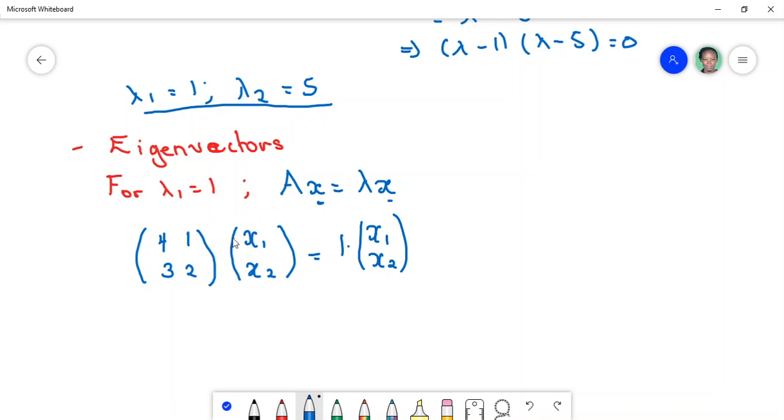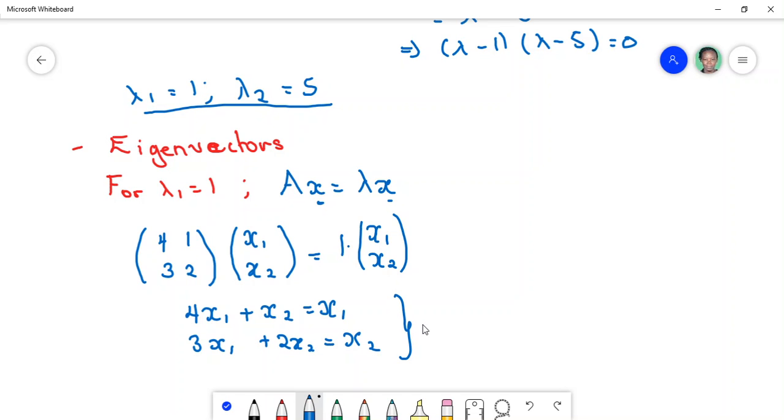If you multiply this, you realize that I have 4 times X1, so 4X1 plus X2 equal to X1. And 3X1 plus 2X2 equal to X2.